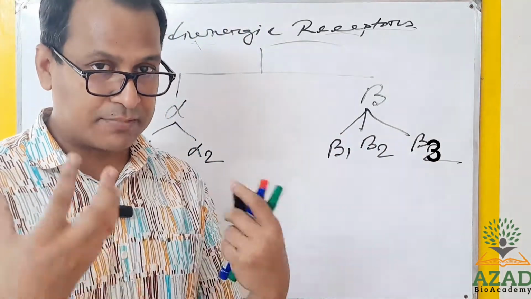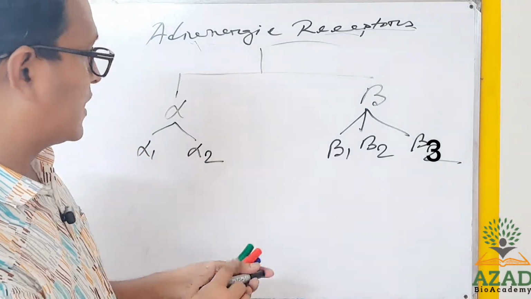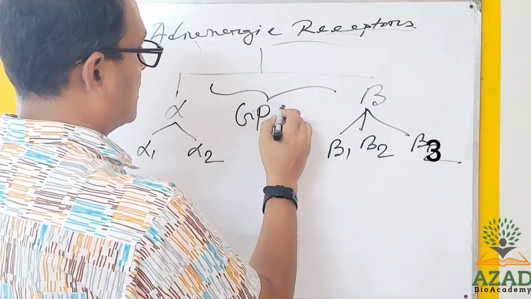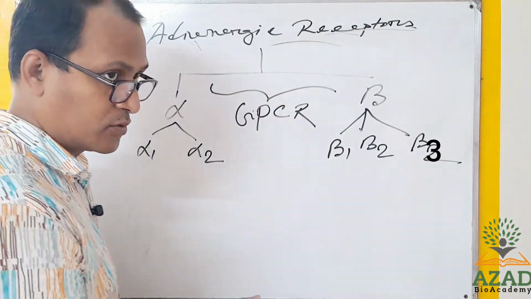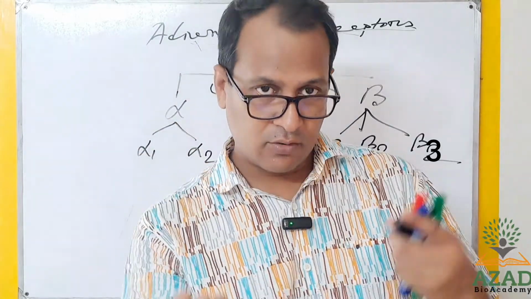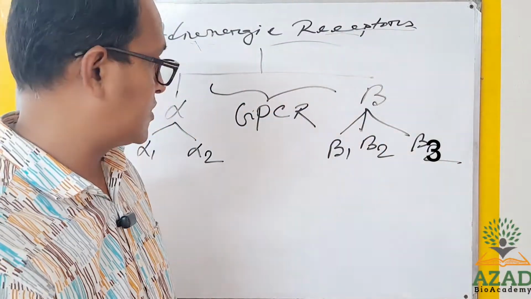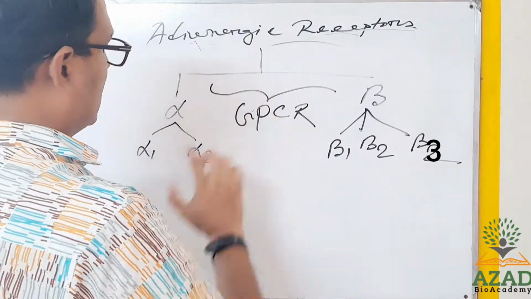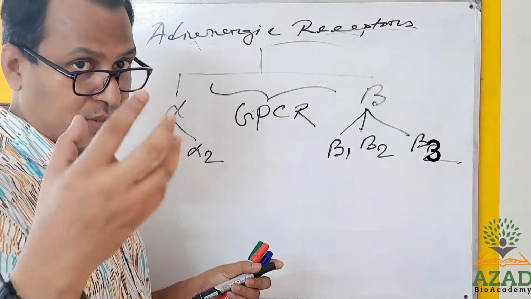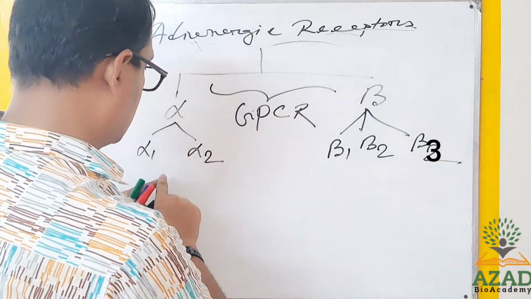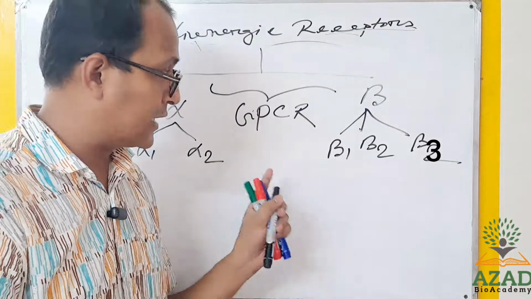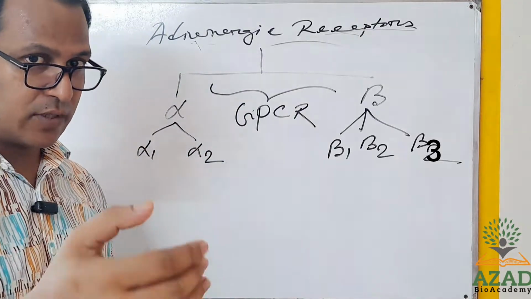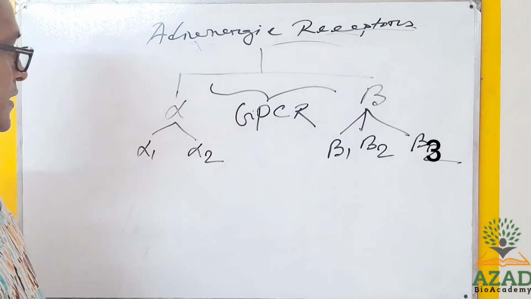According to the types of receptors, all the adrenergic receptors are G protein coupled receptors. If you want to know more about G protein coupled receptors, you can search my channel. Now I will give you a brief on the G protein coupled receptor categories, and when we explain each receptor with its signaling pathway, I will explain in detail.